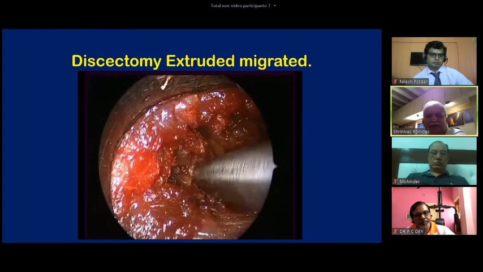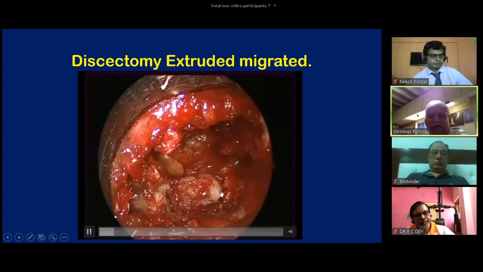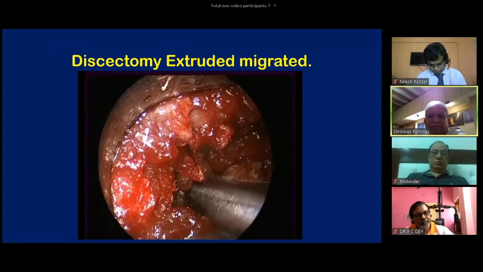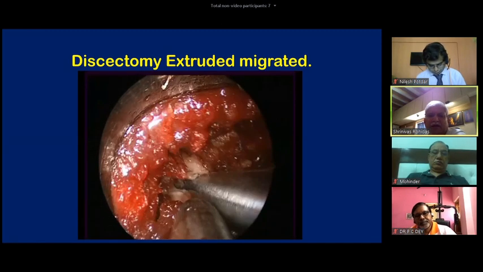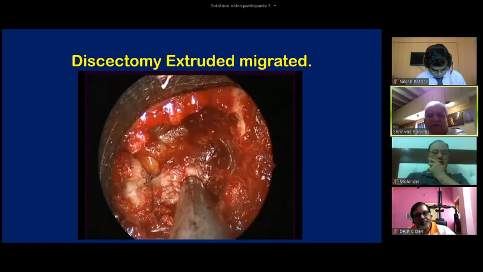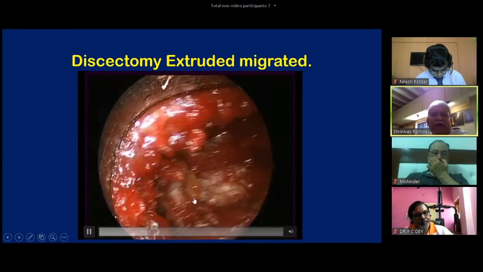We are going laterally now. You can appreciate this is an extruding disc here. It is an extruded disc at L4-5, which is on the right side. This is cranial caudal medial lateral.